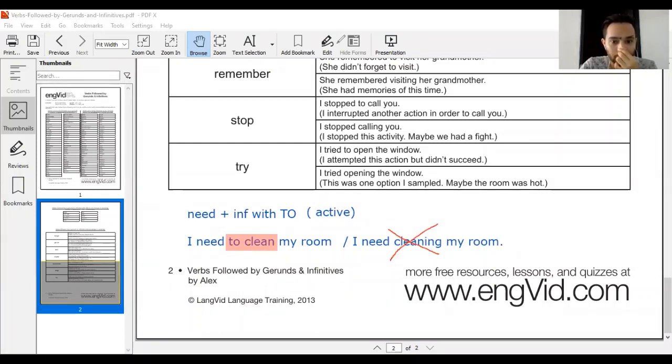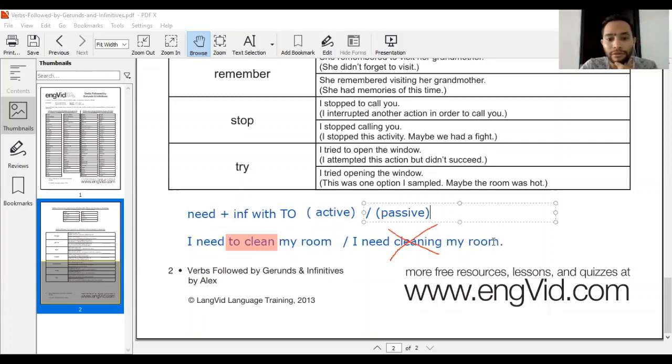But then what happens when need doesn't refer to an active sentence but a passive action?